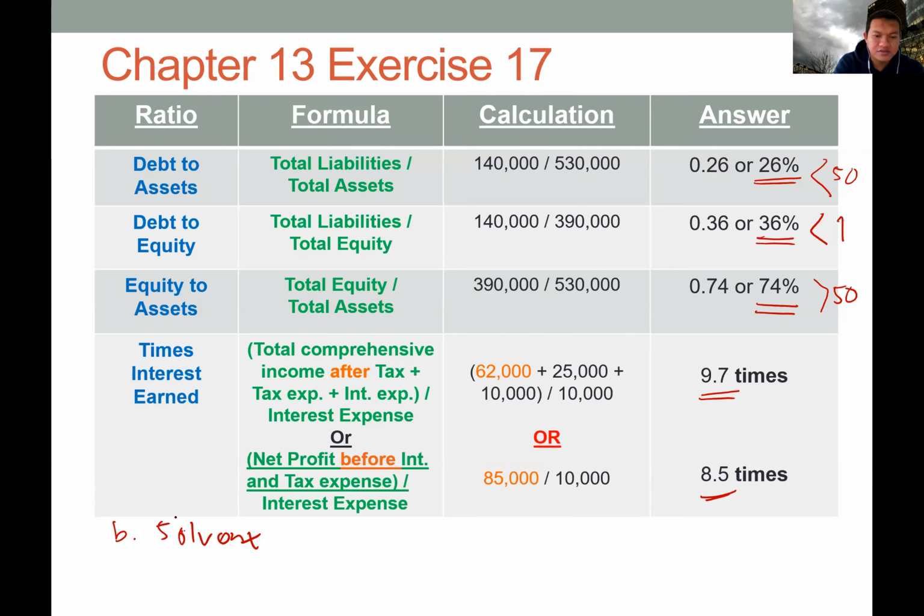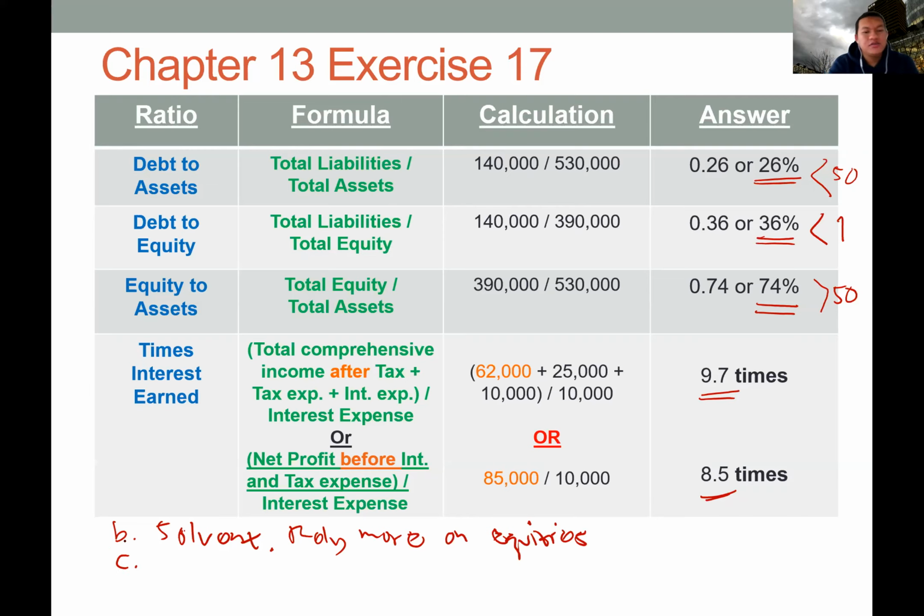And whether they rely more on equities or liabilities, we can see from the ratios that they rely more on equities in financing their operations, which is good. Because they will have less interest expense in the future, and they also have less risk of bankruptcy or insolvency.